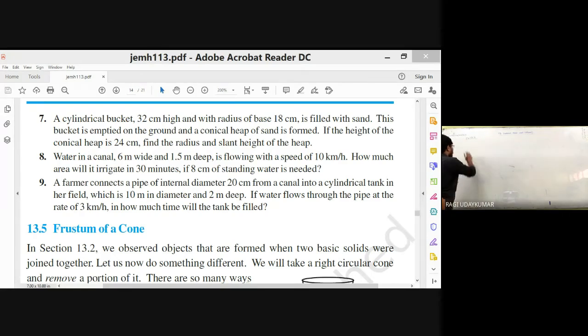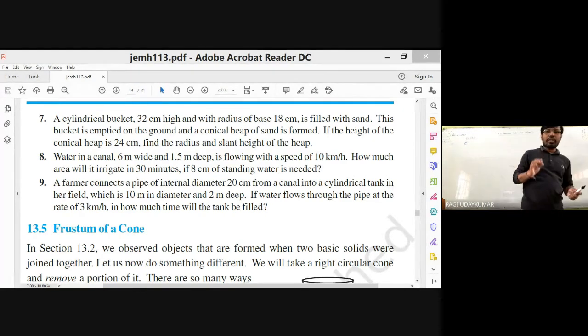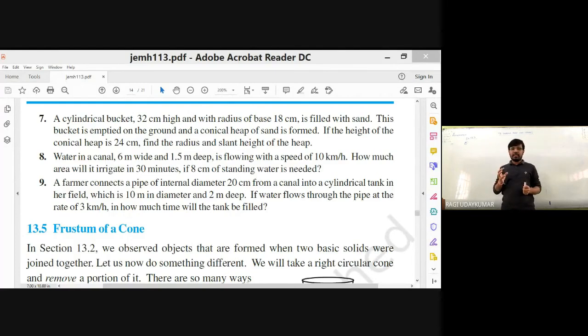Last 9. So what is the question given to you here? A farmer connects a pipe of the internal diameter, 10 centimeters, to a canal. From a canal, एक canal से pipe connect कर दिया into a cylindrical tank in her field. अब उनका field में tank में connect कर रहे हैं, which is 10 meters in diameter and 2 meters depth. Diameter and depth is given, so tank will be in a cylindrical form.